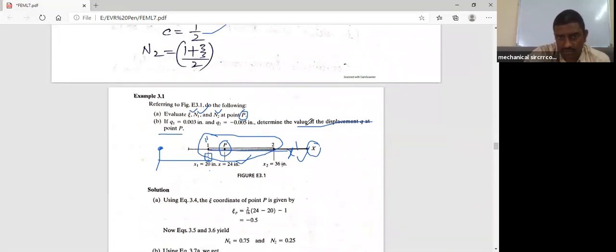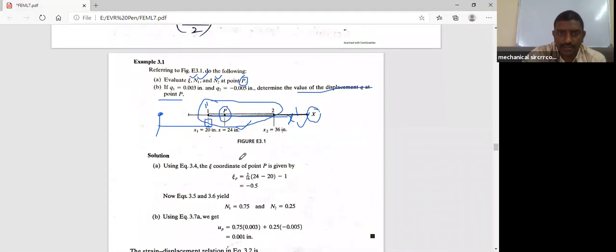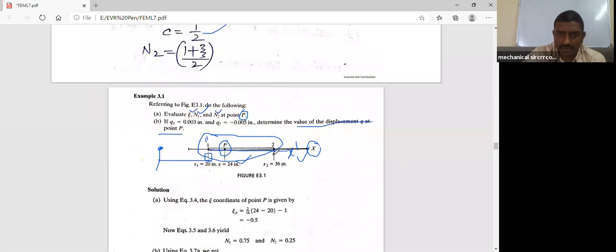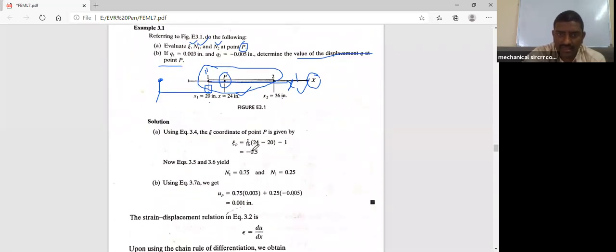Now this is in the global coordinate system, right? But here we have to find out the natural coordinate J, and find out N1 and N2. To find J we have the relation, transfer function: 2 by element length into x minus x1, minus 1. Here element length is 16, so 2 by 16. X is the arbitrary point location, point P is at 24 inches from origin, so 24 minus x1 (20), minus 1.